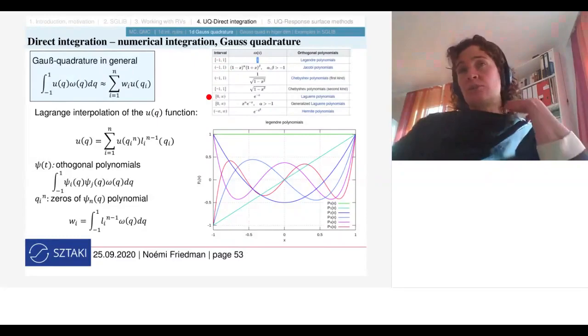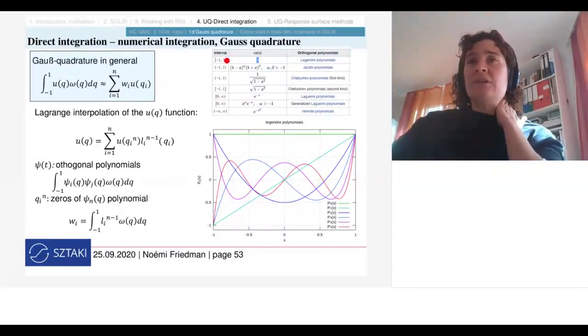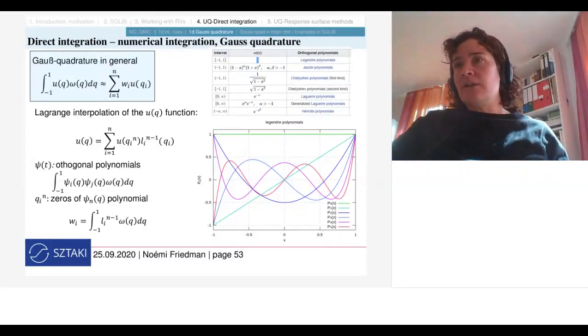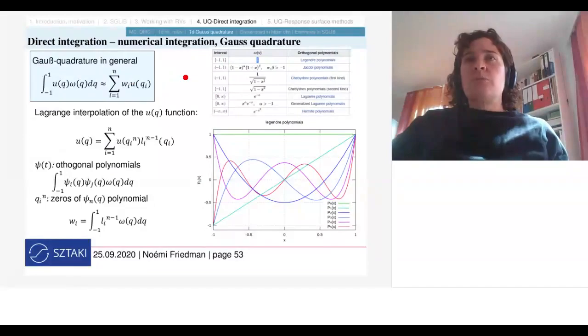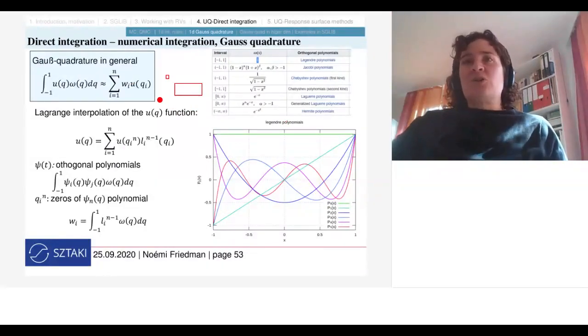You can also change the interval, but if you have this interval, then the probability distribution function will be something like that, which goes from -1 to 1, but it has to integrate to 1. So the value here has to be half. So I need a half here.